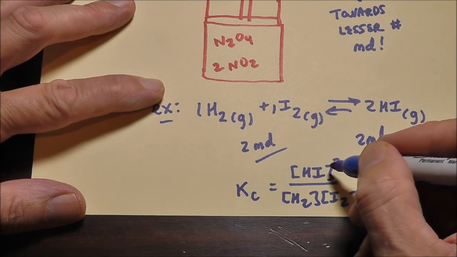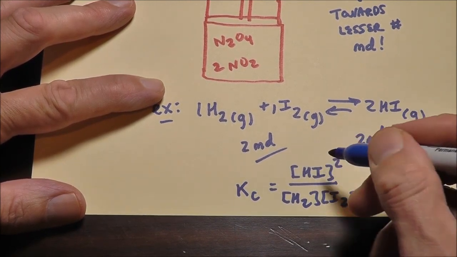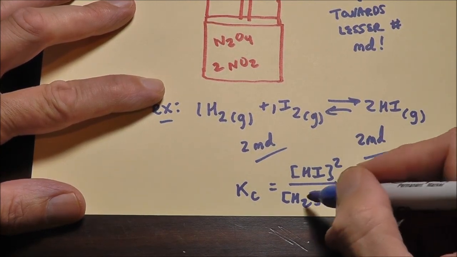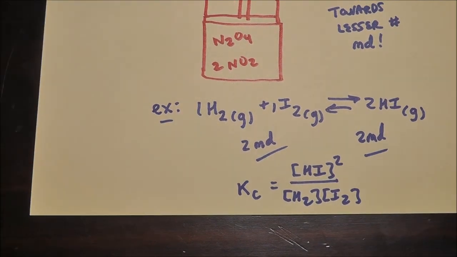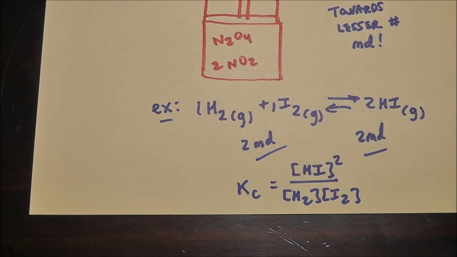You double that concentration, that would make a square, a 4-fold change. You double these, that'd be a 4-fold change. It'd be a net 0. And so that is a little smattering of how you can perturb an equilibrium using concentration. K doesn't change. Temperature, K always changes. Pressure, K sometimes changes. And so there you go.